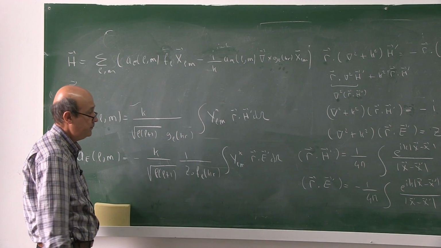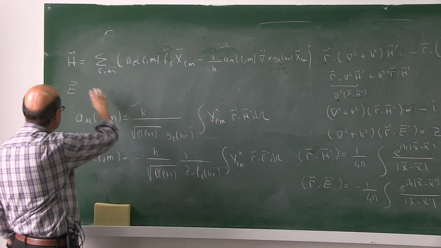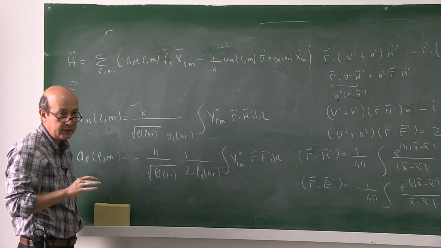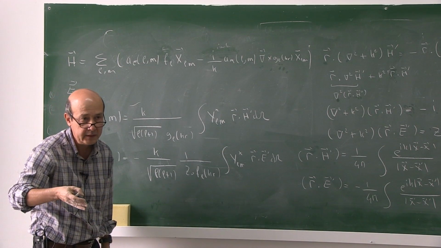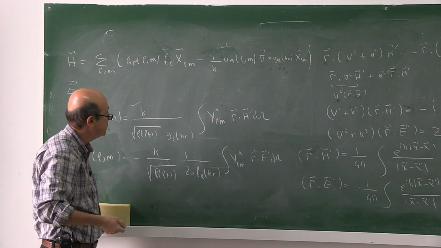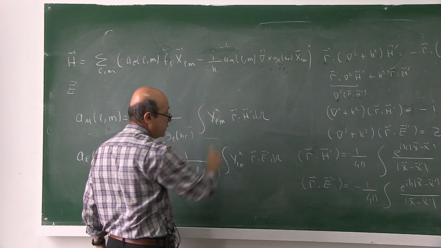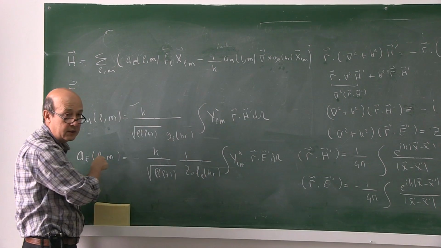So basically, the situation is the following. You know that the total fields, what fields? Multipole fields is a full sum. You don't know the coefficients. You can find the coefficients from here.